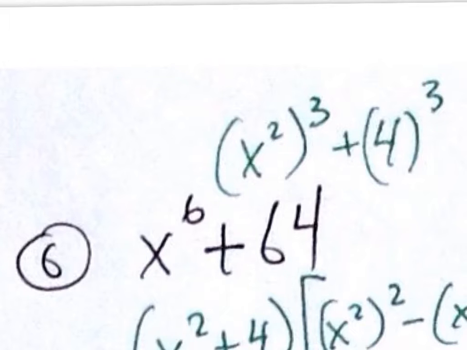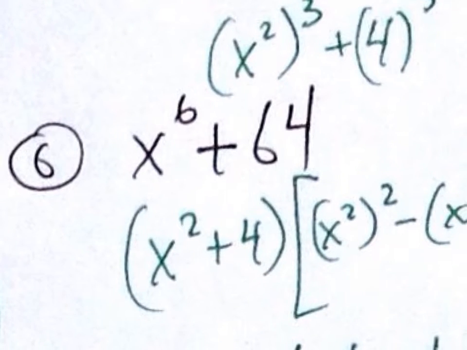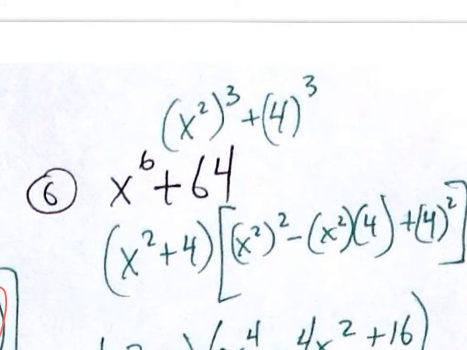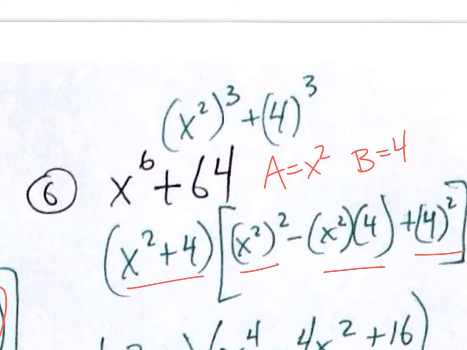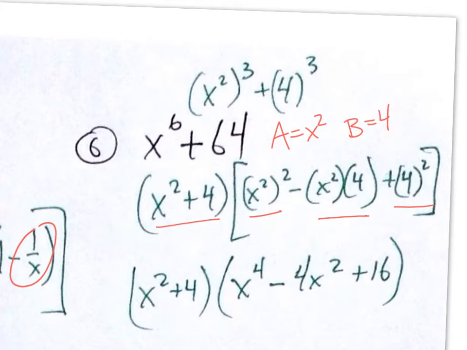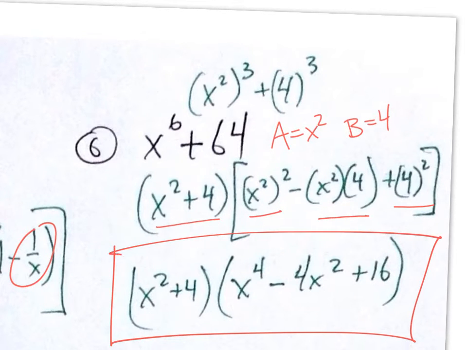So we're using that formula with the a's and b's, notes part 2 from week 1, where our a in this case is x squared and our b in this case is 4. So we have a plus b, a squared minus ab plus b squared. And we simplify and we end up with this. Bueno.